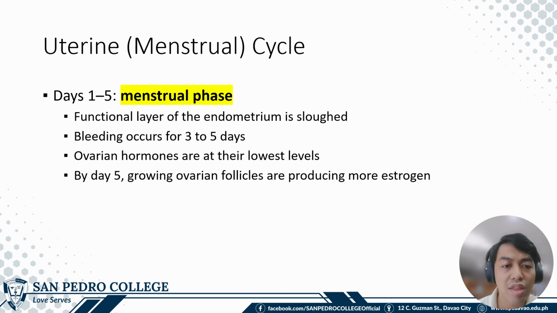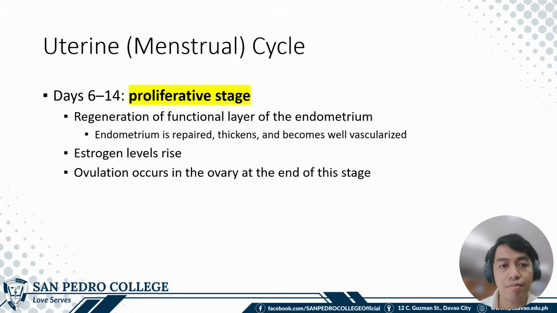The ovarian hormones at this point are at their lowest level, and after day 5, the growing ovarian follicles are now producing more estrogen. The blood that comes out during this phase is because of the sloughing of the endometrium. So bali na wawaldas yung endometrium of the uterus.